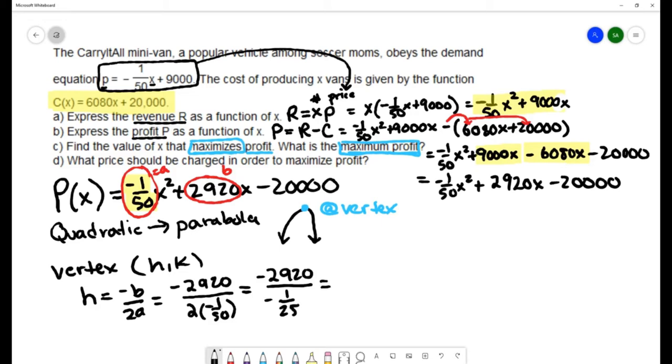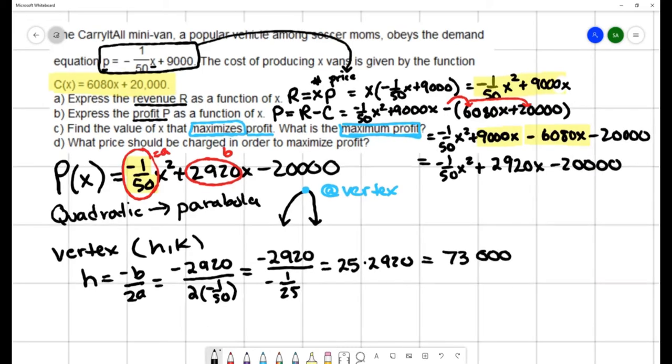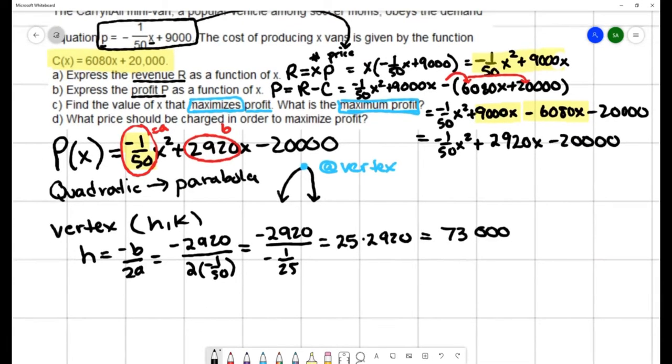So this is going to simplify to be 25 times 2,920. So 2,920 times 25 is 73,000. So we are going to need to sell 73,000 cars to get a maximum profit.